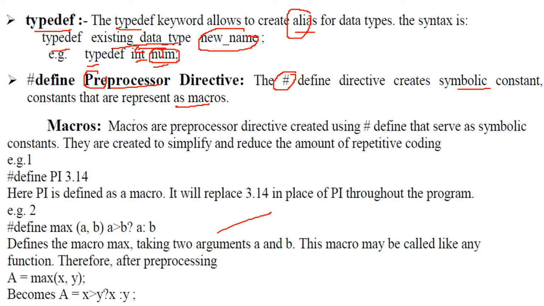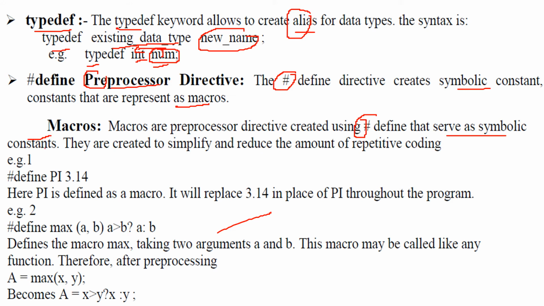Macros are nothing but preprocessor directives. They start with hash and are created using hash define, and serve as symbolic constants. They are created just to reduce the amount of repetitive coding. They resemble the way you write functions, with some differences in the way they are executed.